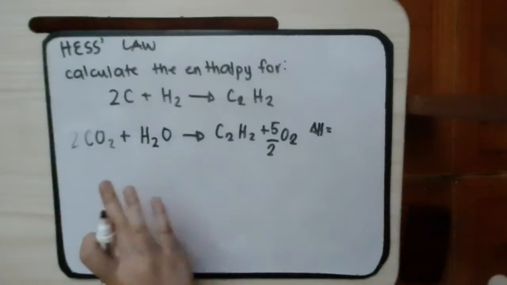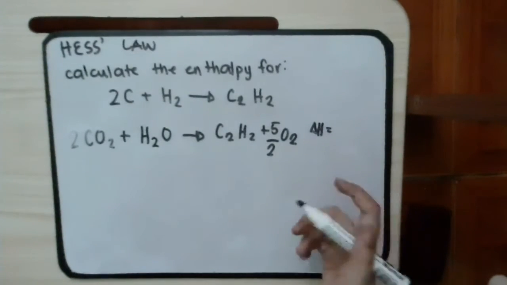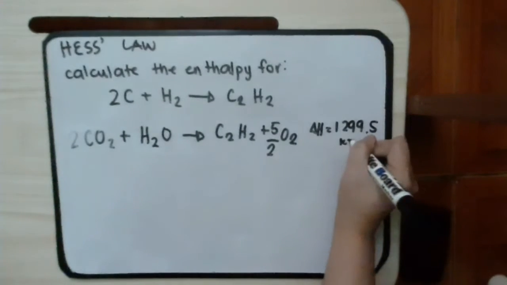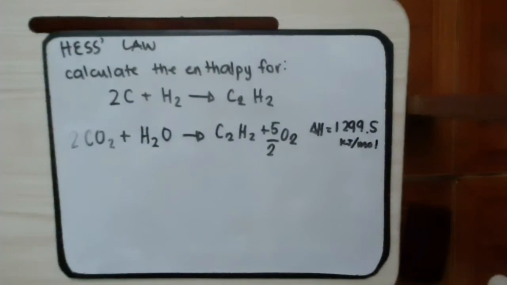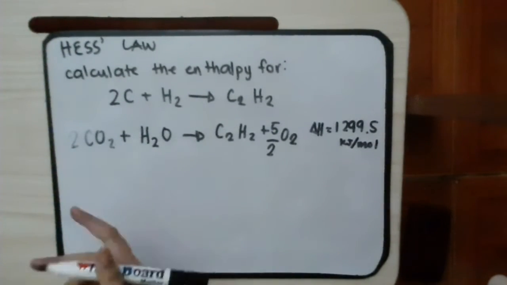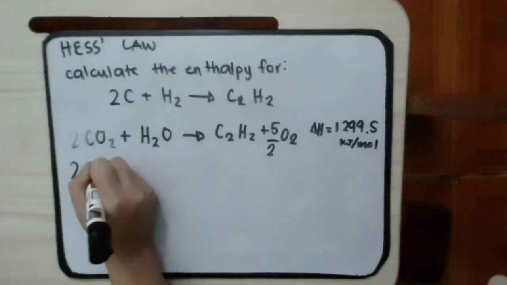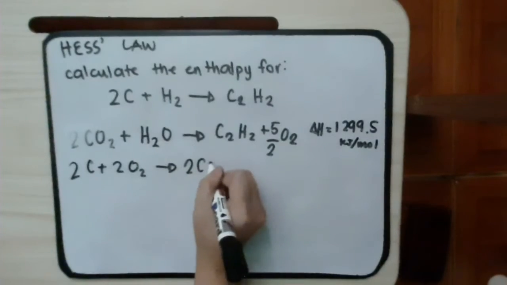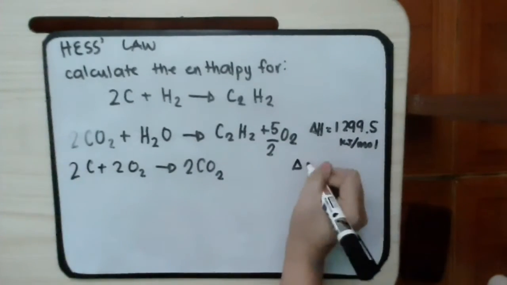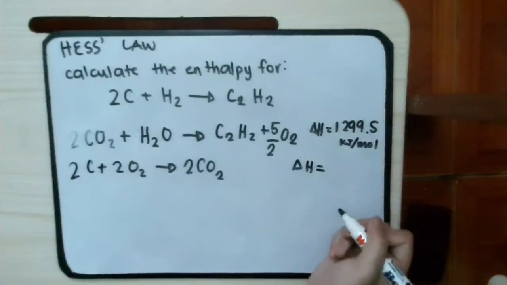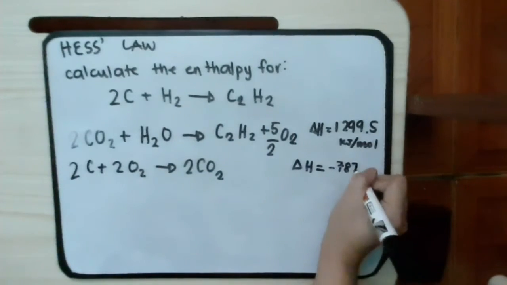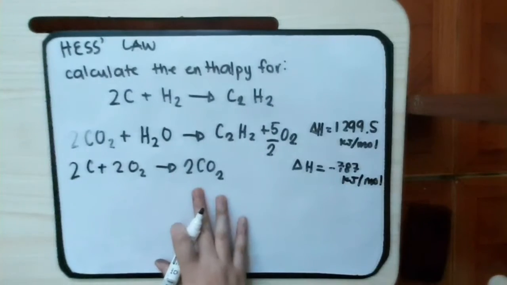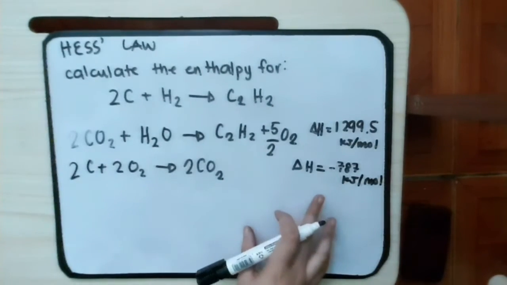Since we reversed this equation, we also reverse the sign of delta H, having a positive 1299.5 kilojoules per mole. Then, since we multiply the second equation by 2, we will have 2C plus 2 O2 yields 2CO2, which gives us negative 787 kilojoules per mole.